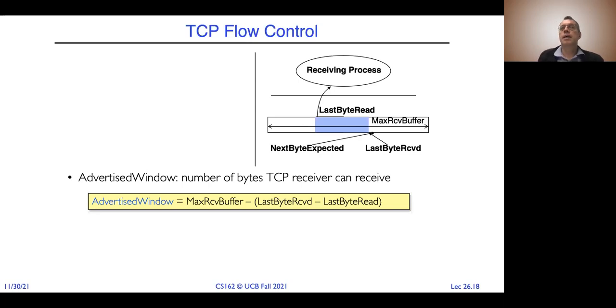So basically, if I'm the receiver and my buffer size is 300 bytes and the buffer is empty, I tell you, you can send me 300 bytes.